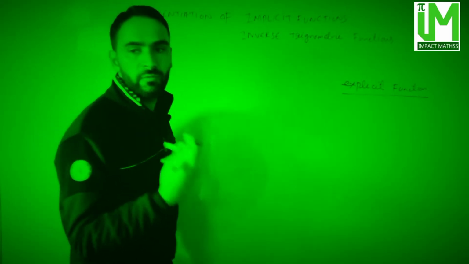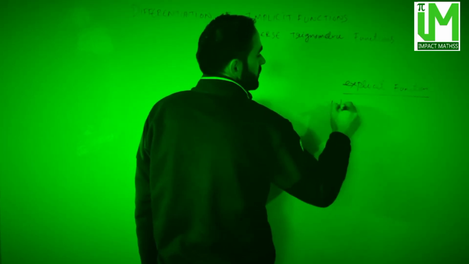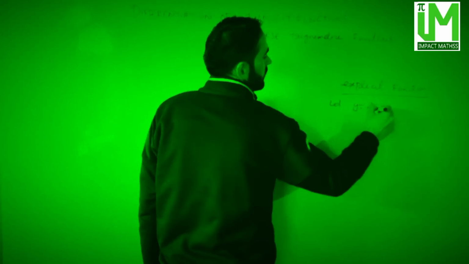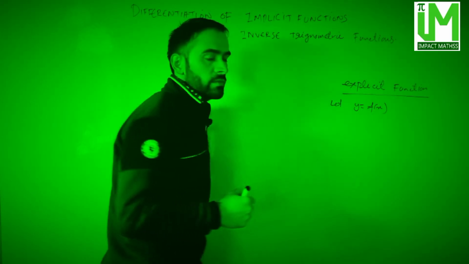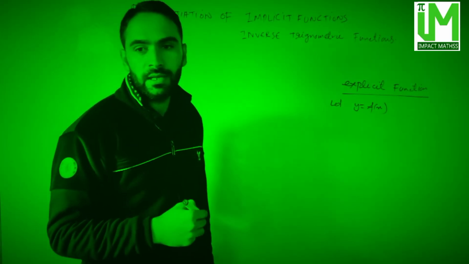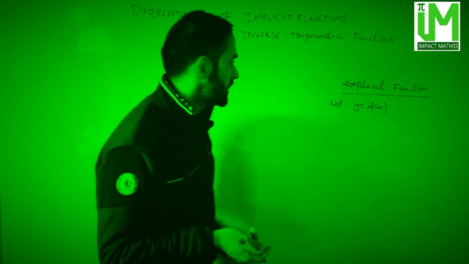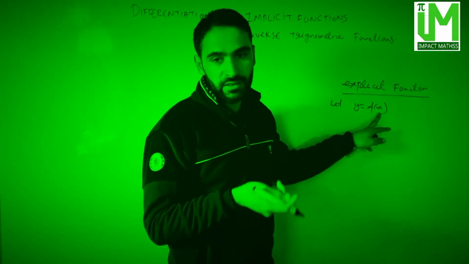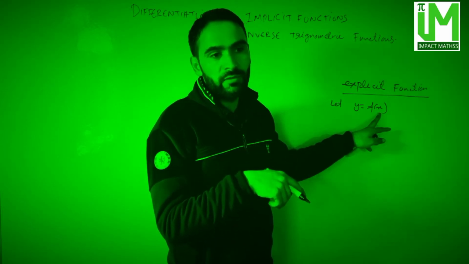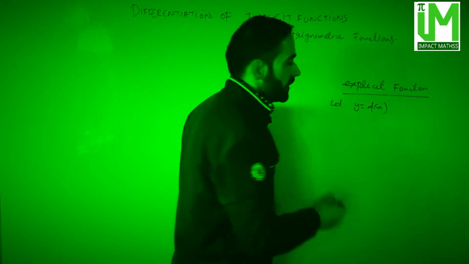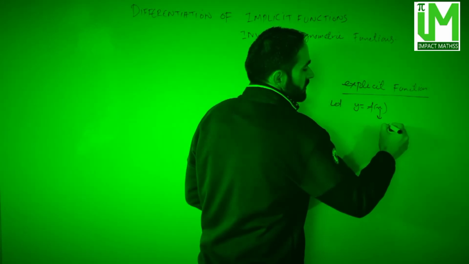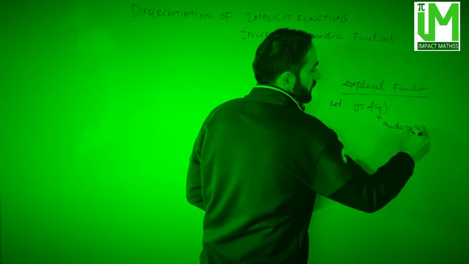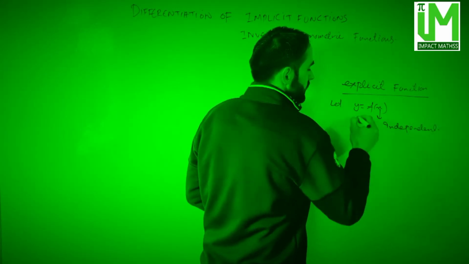For an explicit function, let y is equal to f of x, as in the relation between the dependent variable and the independent variable. Here we have y is equal to f of x, which means x serves as the independent variable and y serves as the dependent variable.